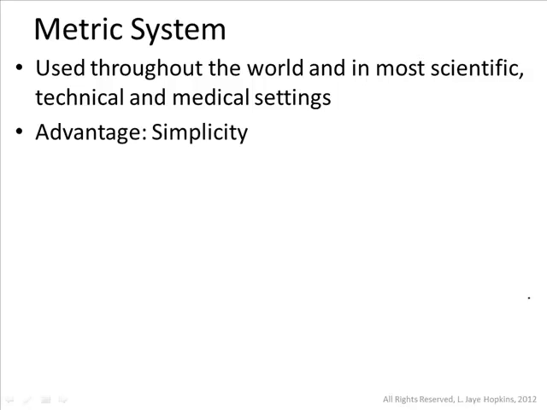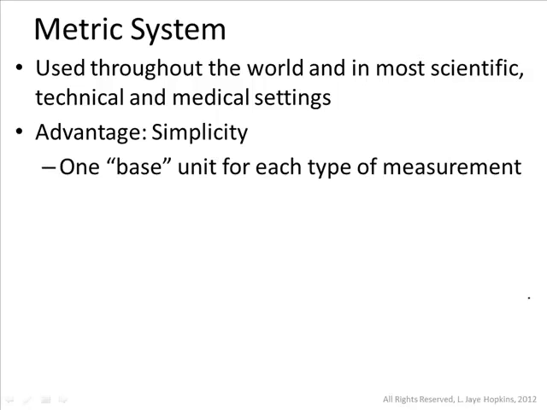The biggest advantage to the metric system is that it's a very simple system of measurements. It eliminates all of those units that are used in the United States standard system and replaces them with just one base unit for every type of measurement. So no longer when you're presented with measurements of length do you need to remember inches, feet, yards, miles, and so forth.